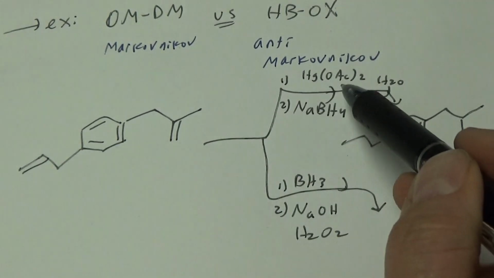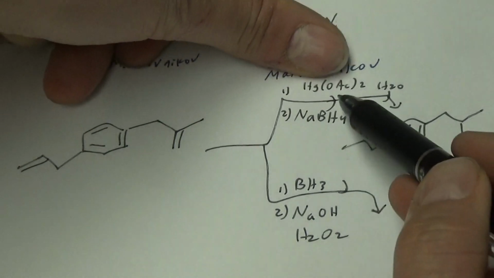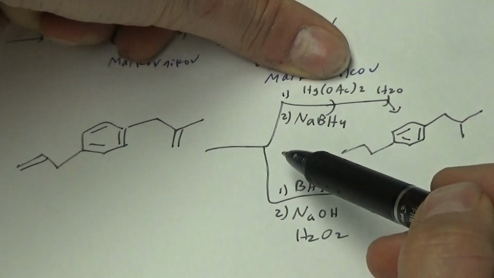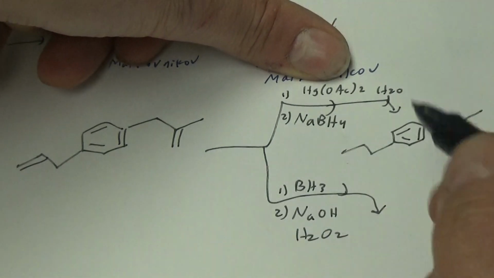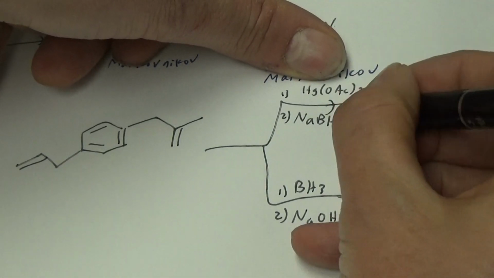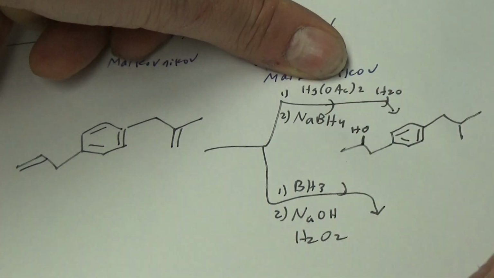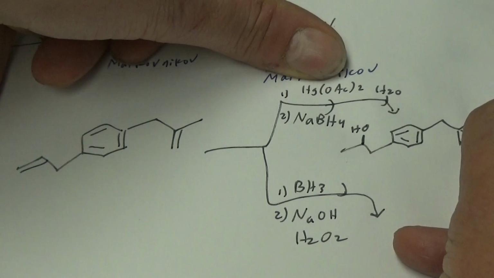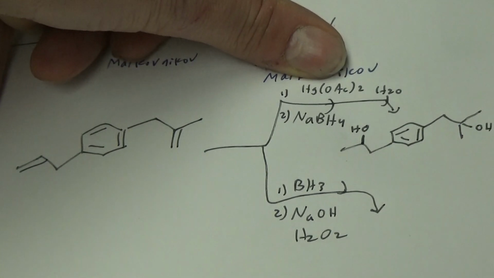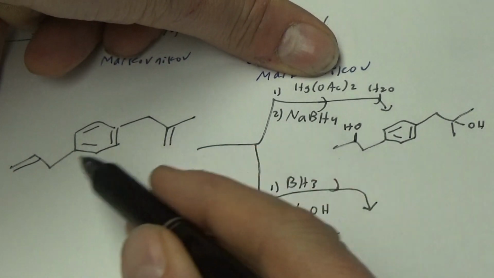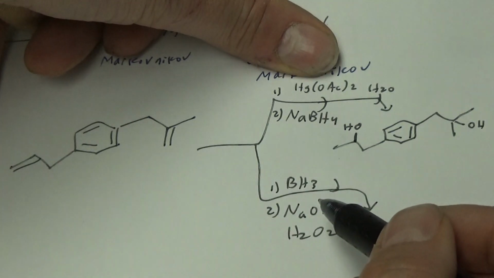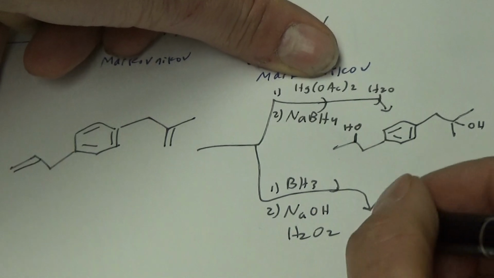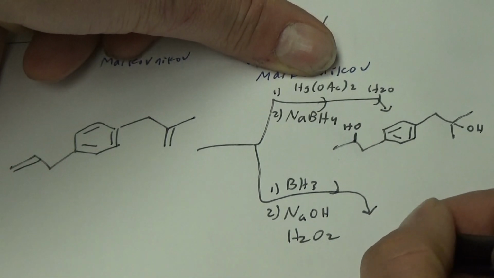If it's this one, the mercury one is Markovnikov. Where do the alcohols go? On the more substituted sides. OH and OH. All right, more substituted sides of the alkenes. Whereas hydroboration oxidation, the boron one, where do the alcohols go?